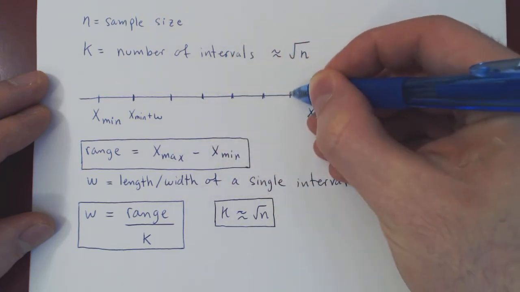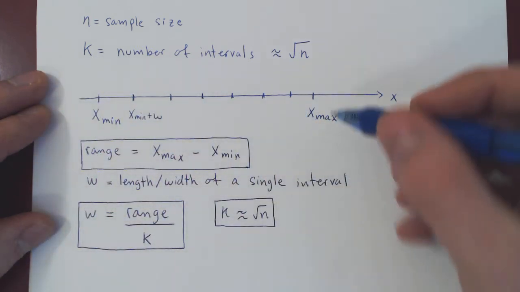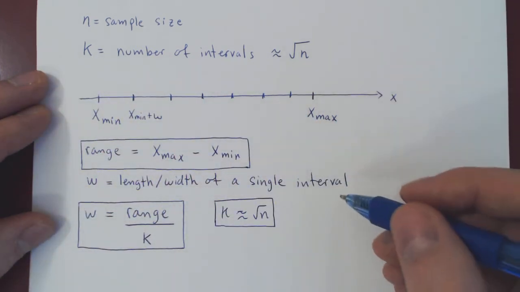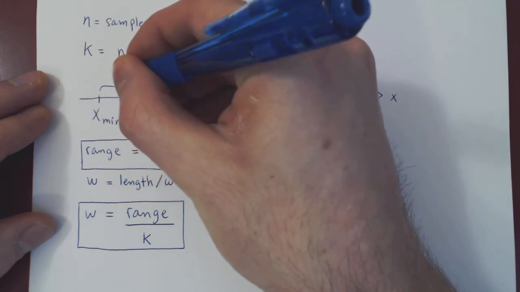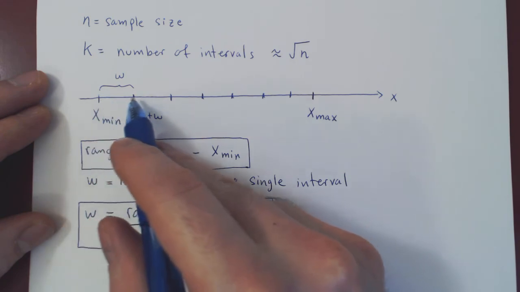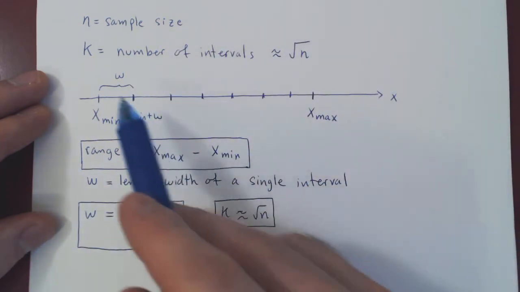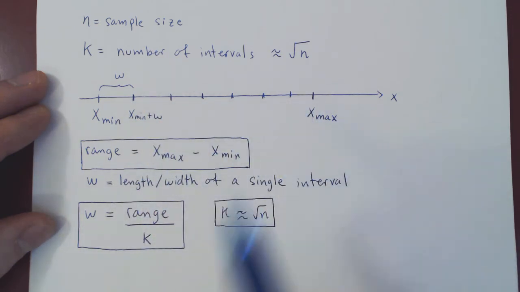We have k intervals, so add this k times, and then you'll get back to x max. And then you'll get your k intervals, where each has equal width w. And that's it. This is your general guideline on how to construct your intervals for a histogram.